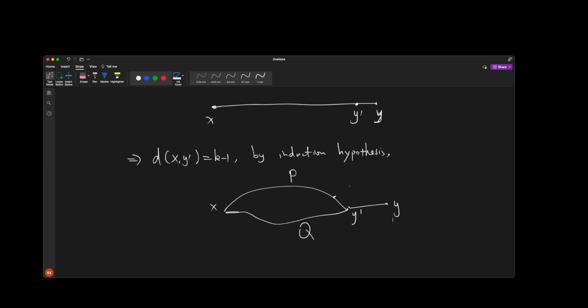Good. So we have two paths. Okay, what's next?